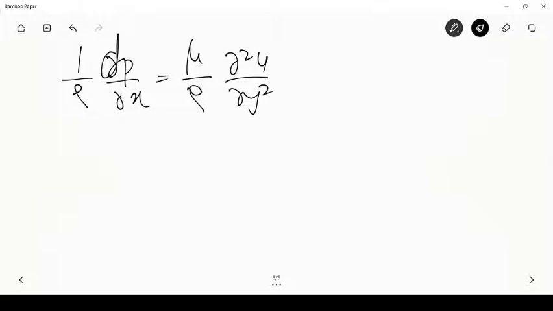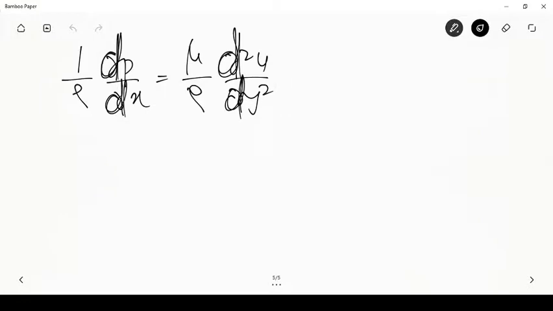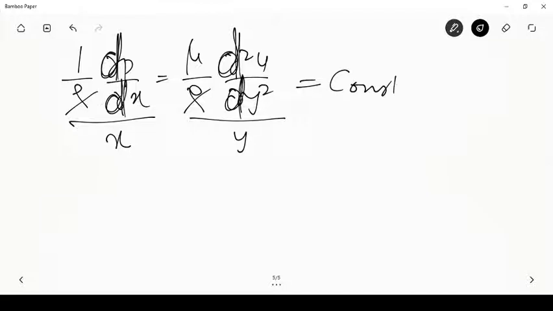So this becomes dp by dx, and this becomes d squared u by dy squared, because we have said in the previous slide that the pressure is only a function of x and u is only a function of y. So now the density can get cancelled if it is a constant. So what we can say is that this is a function only of x and this is a function only of y, and if they have to be equal, then they both have to be independently equal to some constant.